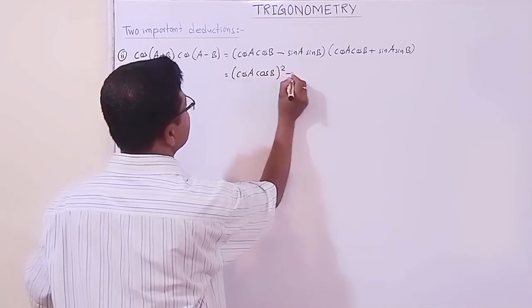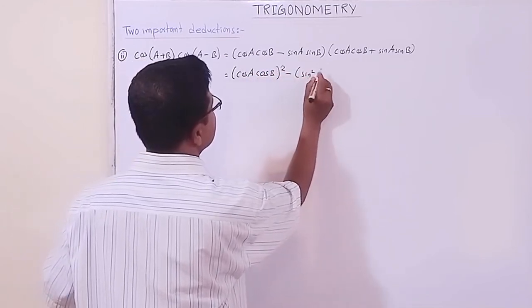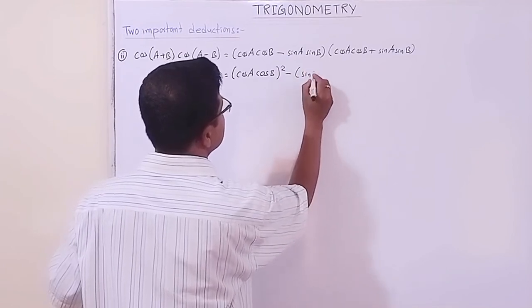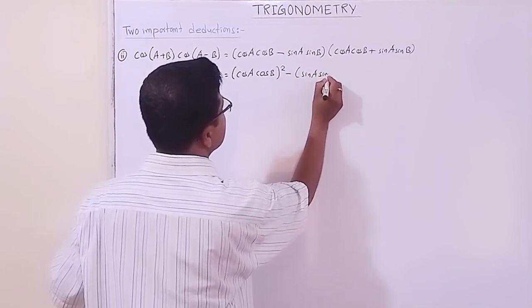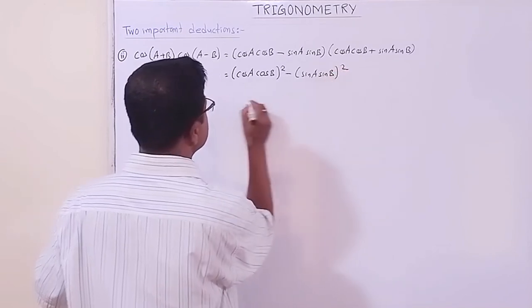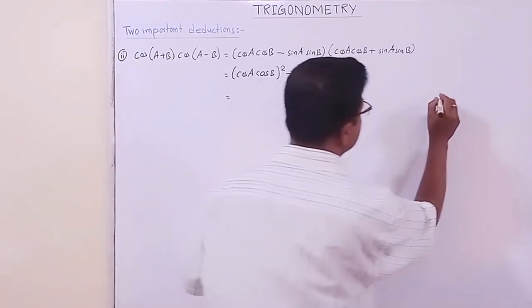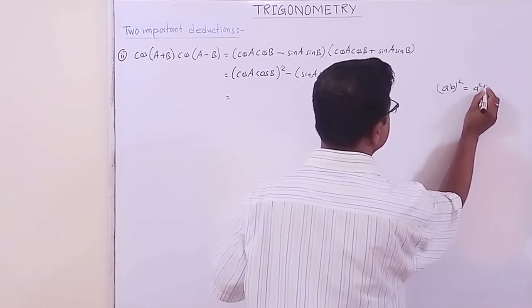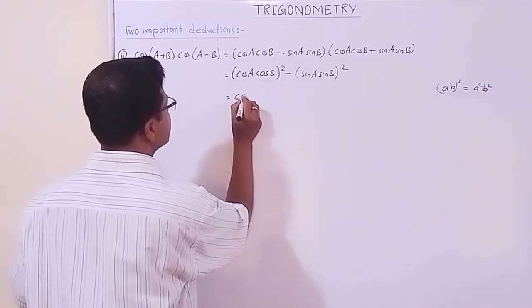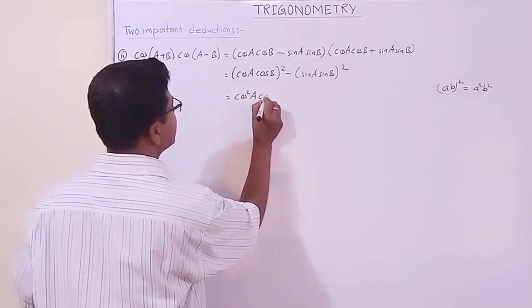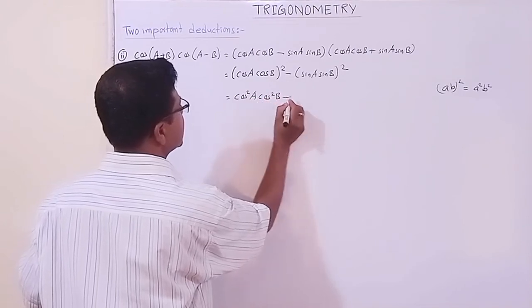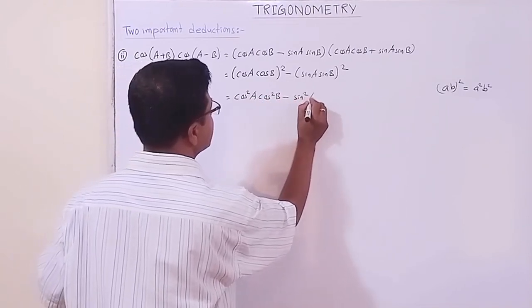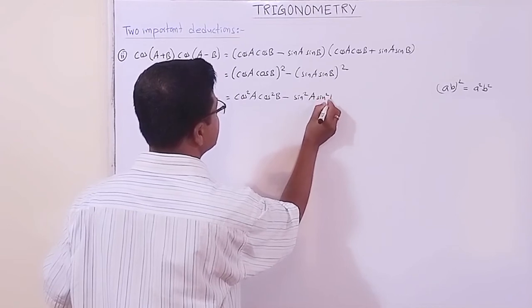Again you know it, how we write (ab) square means a square b square. So we shall write like this, cos square a cos square b minus sin square a sin square b.